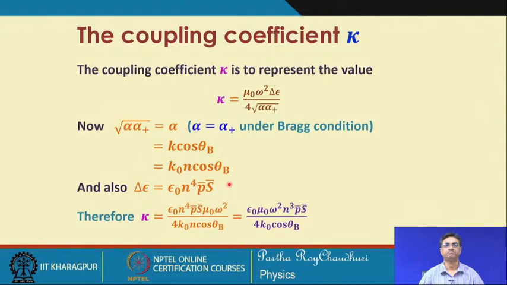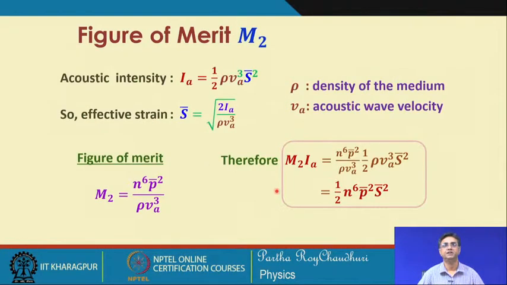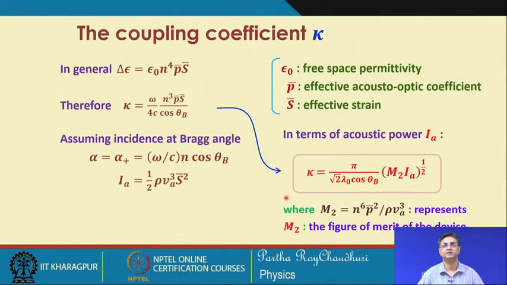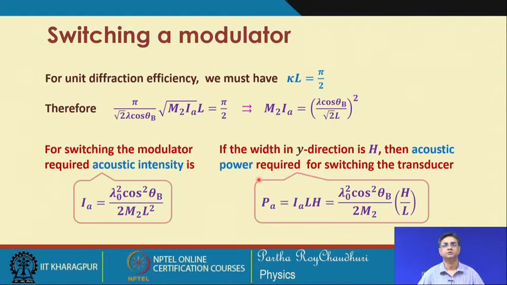Therefore, using that condition for the diffraction efficiency, we can obtain the condition for unit diffraction efficiency. We have kappa into L equal to pi by 2, and therefore this must be equal to pi by 2, because this is your kappa, we have defined kappa into L.